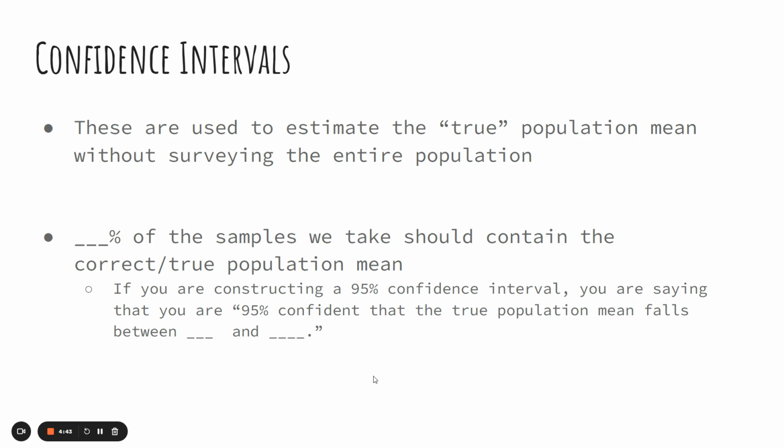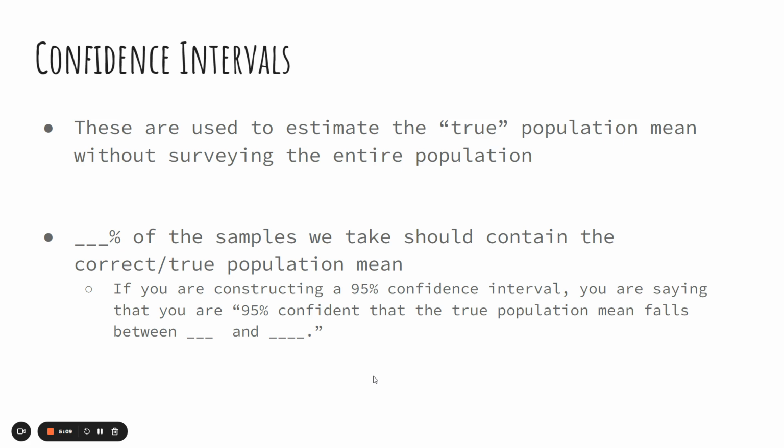If we survey the entire population, we are 100% confident that our answer is correct because we surveyed the whole population. Nobody does that. So you survey a sample, we use a 95% confidence interval, and we are 95% confident that our answer is correct. And in stats, we're okay with being correct 95% of the time. That's good enough. Okay.